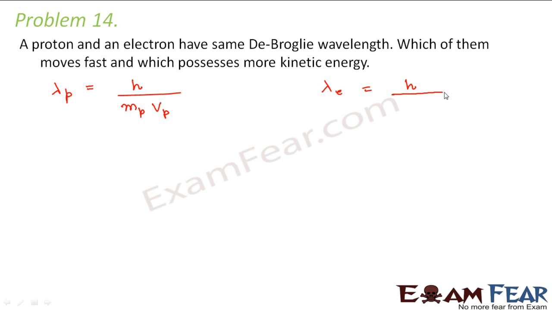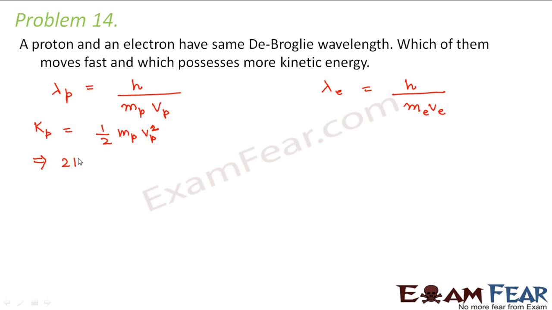It is h divided by MeVe. Right? Now we can see that the kinetic energy of proton is half mP Vp square.